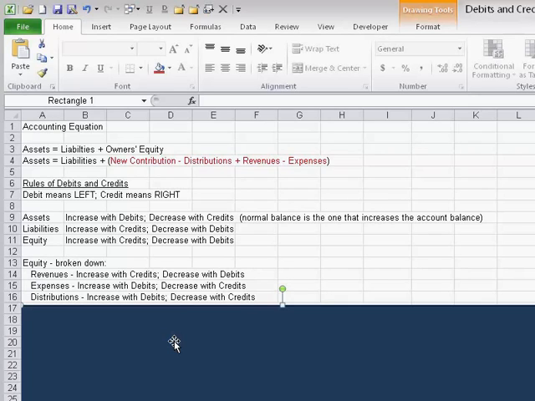In a corporation, the distribution is typically called a dividend. It's typically paid in cash, but not always. If we have a distribution, it behaves like an expense. An increase in the distribution shows up as a debit to the distribution account. A decrease shows up as a credit. And we might use an account called dividend distributions.